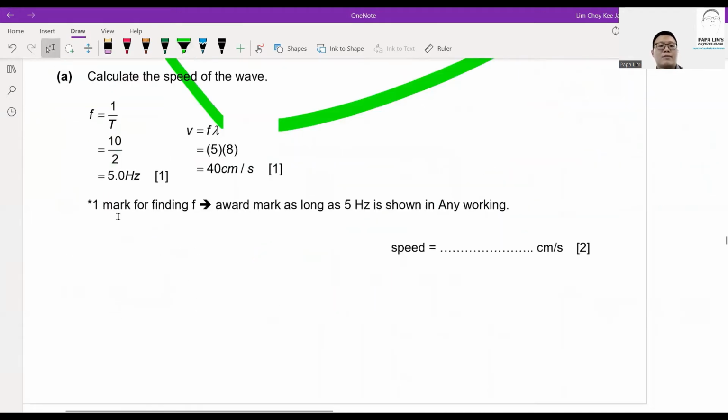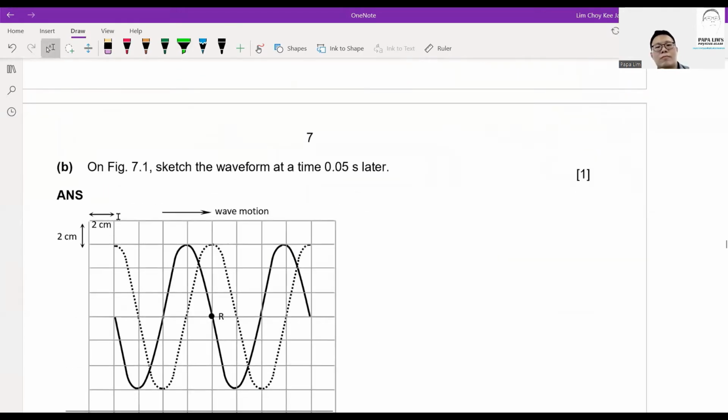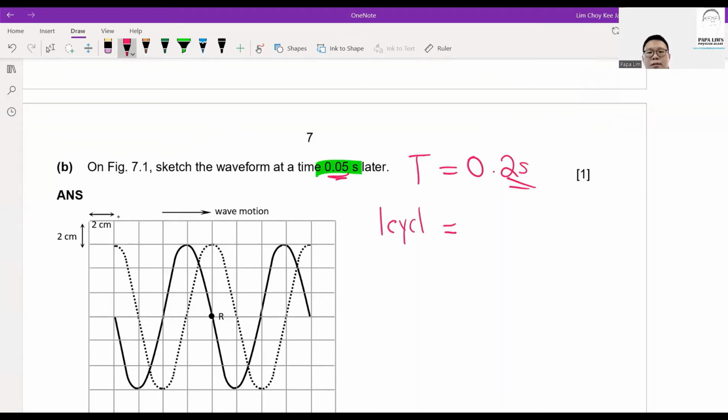Now, the final one that we have is the waveform at 0.05 second later. What is 0.05 second later? Given just now, you'll find that the period is 0.2 seconds. When we say T is 0.2 seconds, I'm saying one cycle is 0.2 seconds.